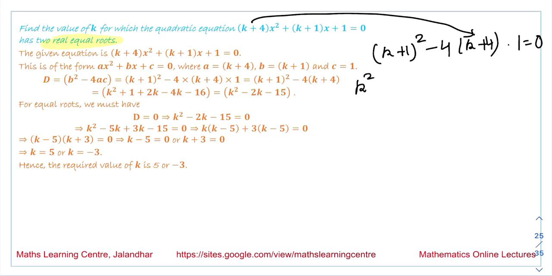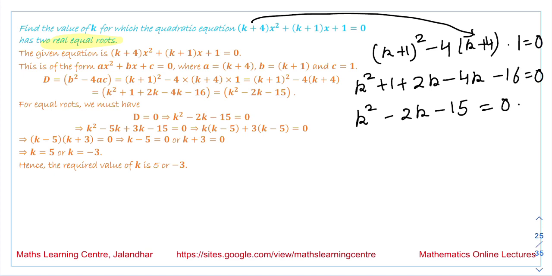On solving this, we are getting k square plus 1 plus 2k minus 4k minus 16 should be equal to 0. So we are saying it is k square minus 2k minus 15 should be 0.